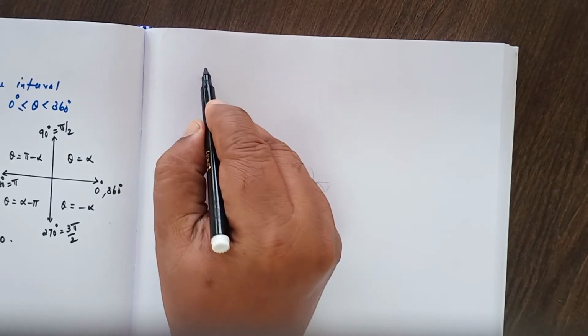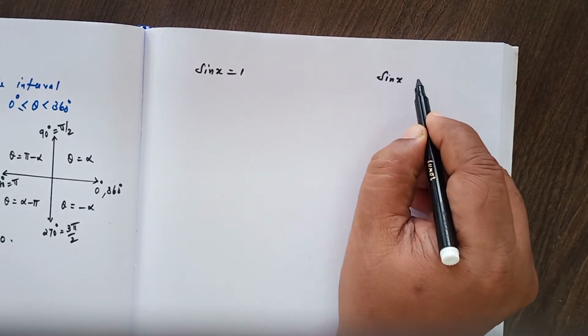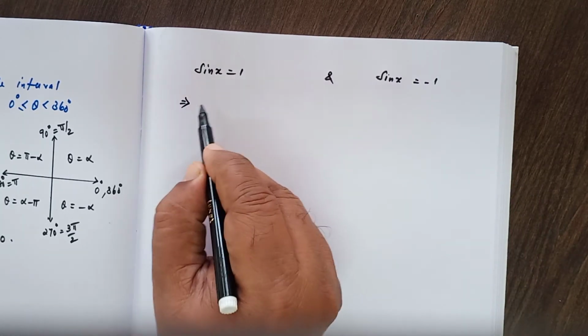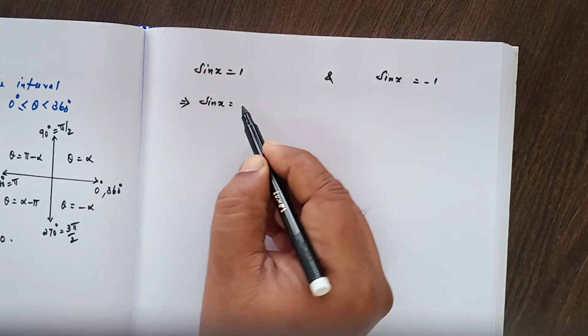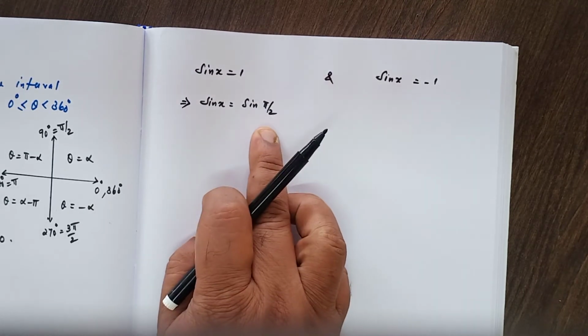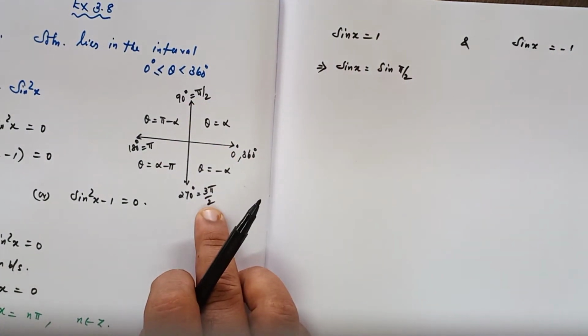Sin x is equal to 1 and sin x is equal to minus 1. For sin x equals 1, this can be replaced by sin pi by 2. You know very well, sin 90 is equal to 1, sin 270 is equal to minus 1.